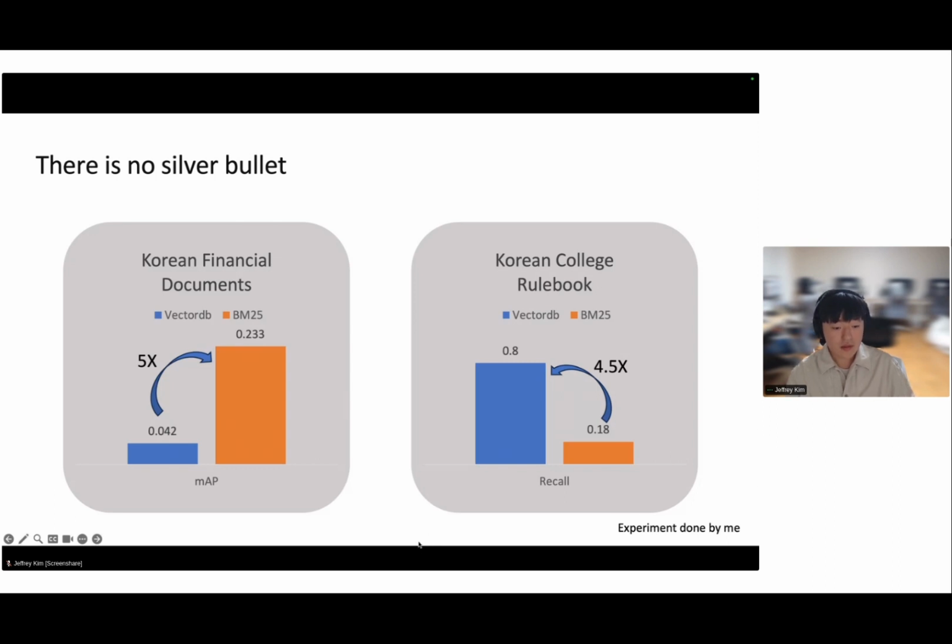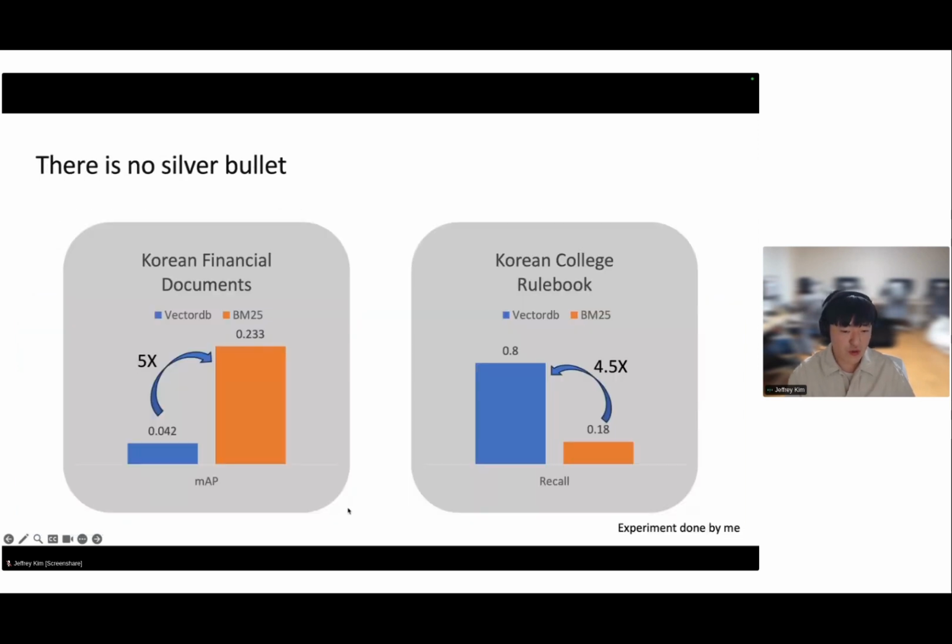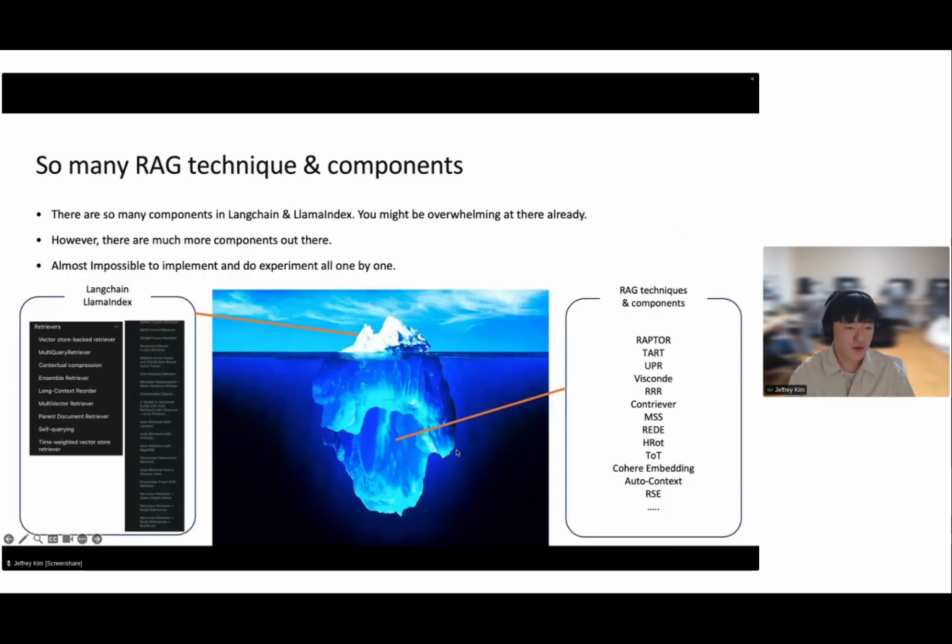And the harder part for RAG developers is that there are so many RAG techniques and components. I experimented with just two components here, but there are so many that you almost can't find the best RAG component for your documents.